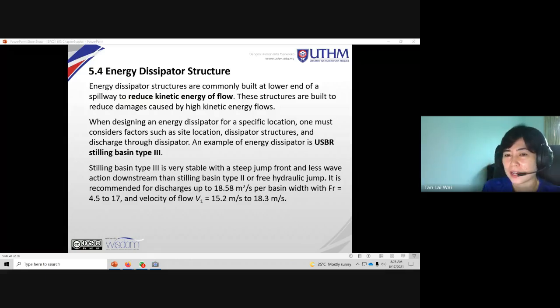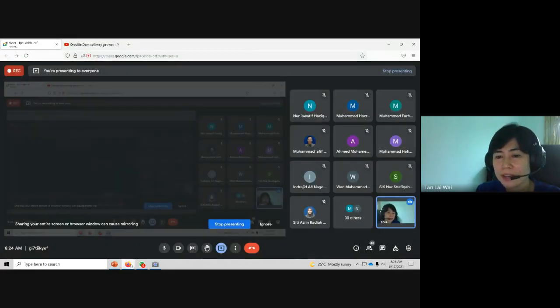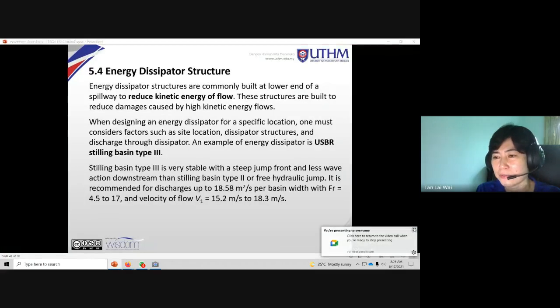It is recommended for discharges up to 18.58 meters squared per second, with velocity between 15 to 18.3 meters per second. This velocity, in kilometers per hour, is about 55 to 60 or 70 kilometers per hour. It's quite fast, so at least you have an idea about how fast the flow is.